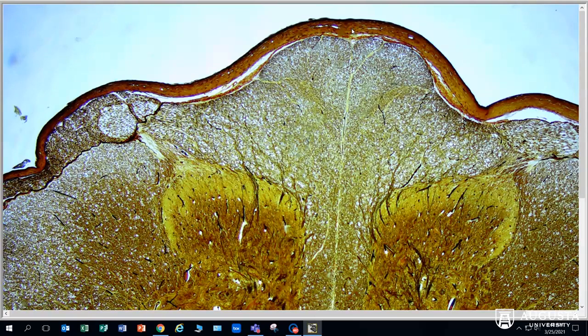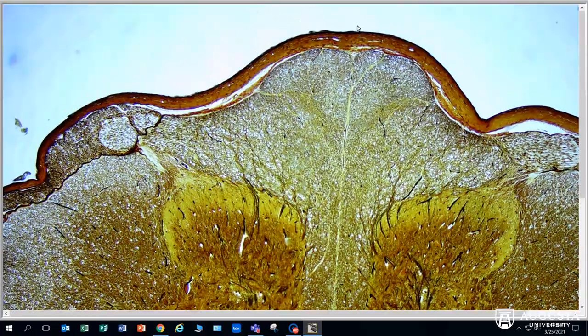On the models, you'll look for the dorsal root ganglion. But on the slide, you may or may not have the dorsal root ganglion on your slide, and we don't on this one. So you would look for the dorsal median sulcus, which is this hump-like structure right here.